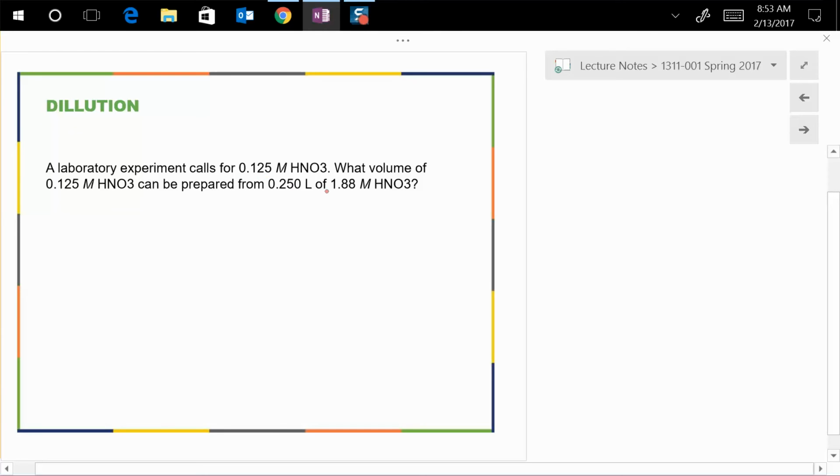0.125 molar HNO3, nitric acid. What volume of 0.125 molar nitric acid can be prepared from 0.25 liters of 1.88 molar HNO3? So this is what we're trying to prepare, right? 0.125 molar HNO3 can be prepared from this here.